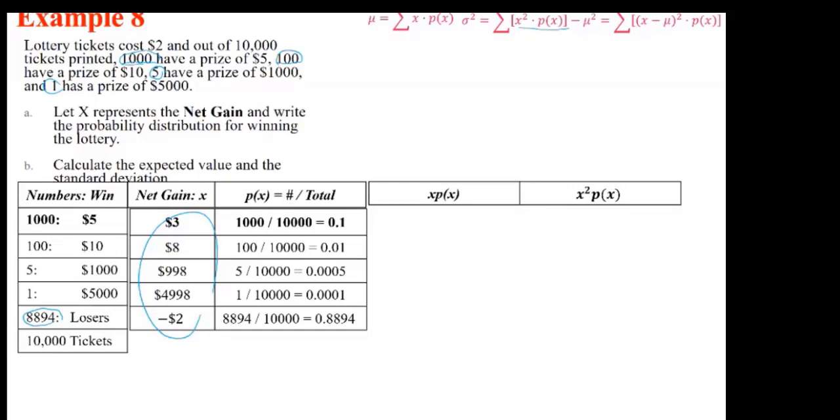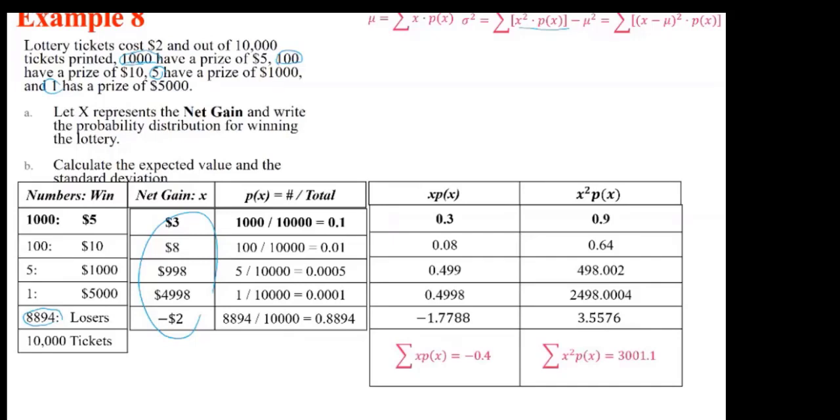Next one, 8 and 0.01. So x p of x means 8 times 0.01. X squared p of x, as an example, let me just write the second one for you. So this one is 8 times 0.01, whereas here it's 8 squared times 0.01.